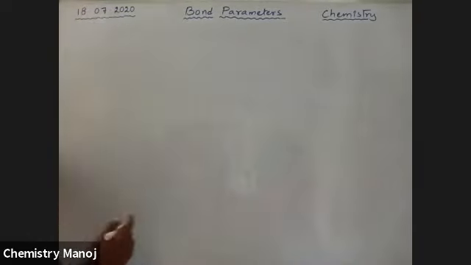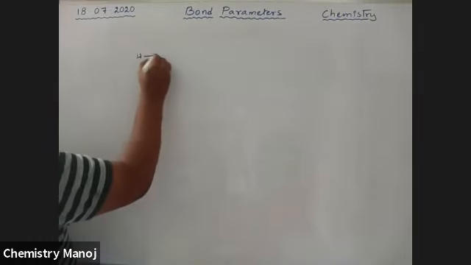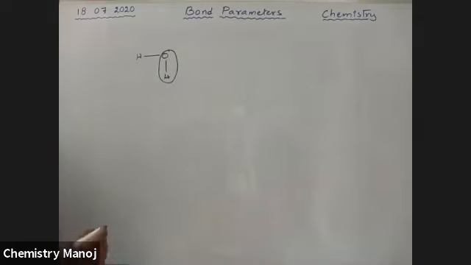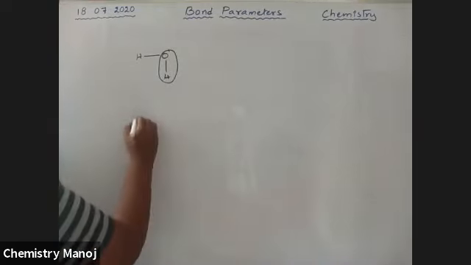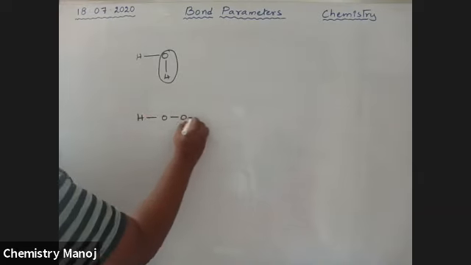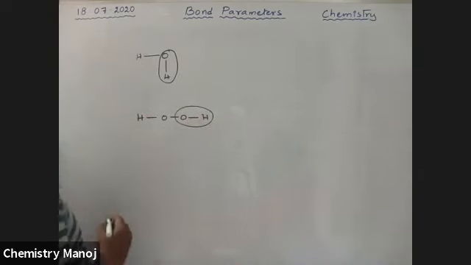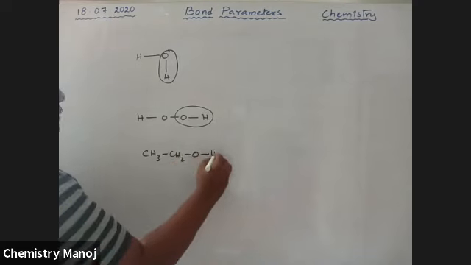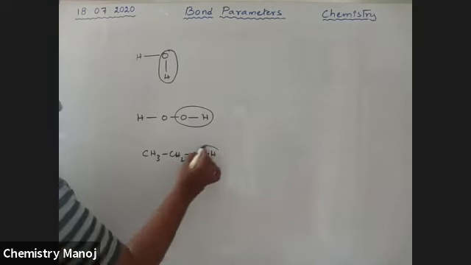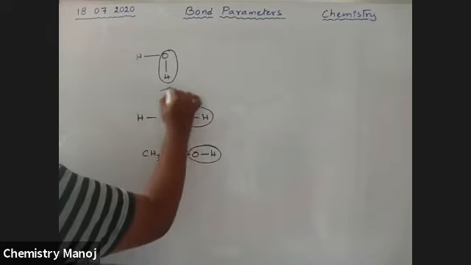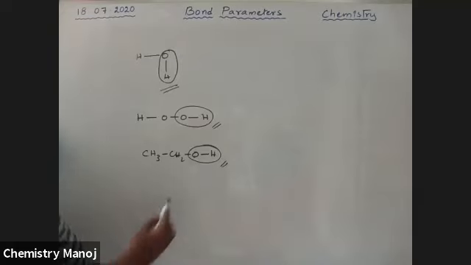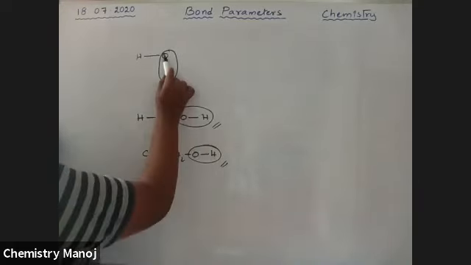See, boys, I am taking the H2O molecule, considering the OH bond. Next, H2O2, here also I am considering the OH bond. Next, alcohol, that is CH3CH2OH, and here also I am considering the OH bond. That means in all these three cases, the bond is between oxygen and hydrogen.